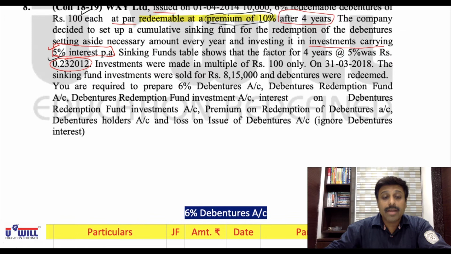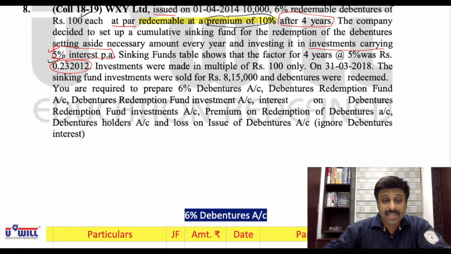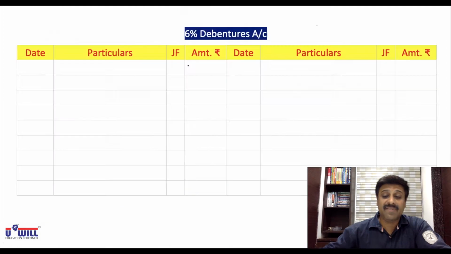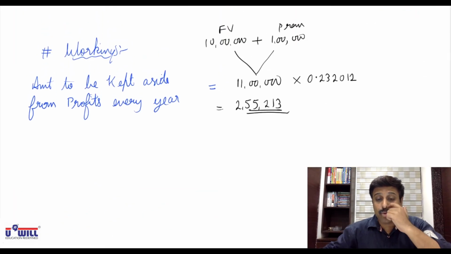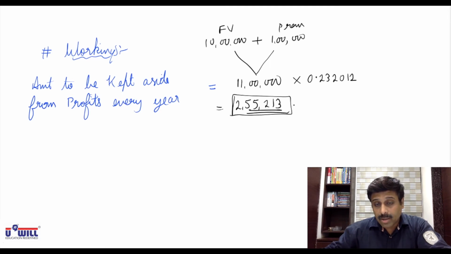Now, this is again important. Investments were made in multiples of 100 rupees only. Means if we keep aside 2,55,213, what is the nearest multiple of 100?